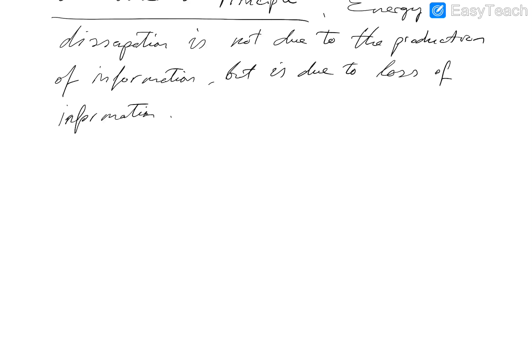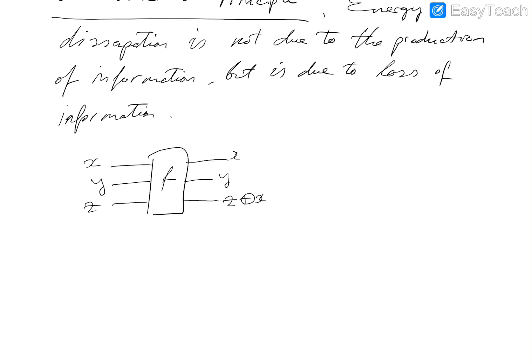Well, consider the function, for instance, f(x, y, z) = (x, y, z XOR xy). Now suppose that z is 0. Now what does that compute?